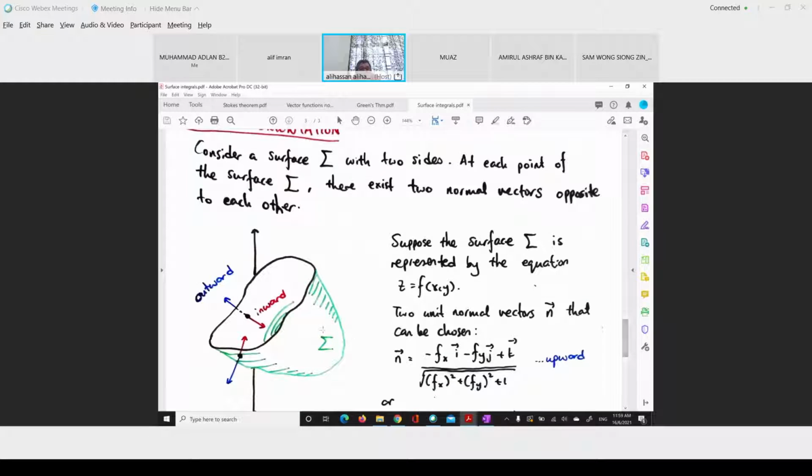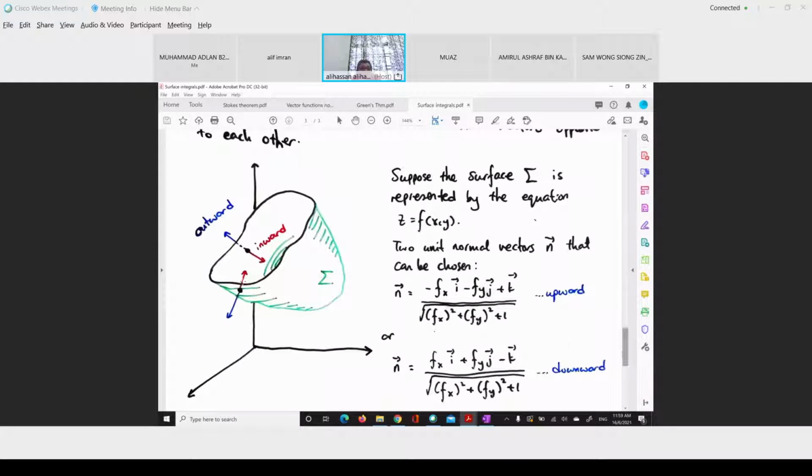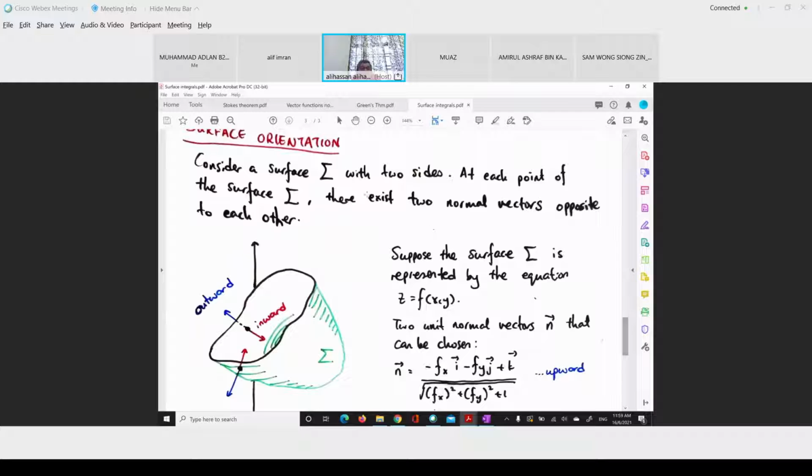Sigma is a surface in 3D, and of course it has the outer side and the inner side, right? The exterior of the surface is called the outer side. The interior of the surface is called the inner side. So a surface sigma has two sides, the exterior surface as well as the interior surface.